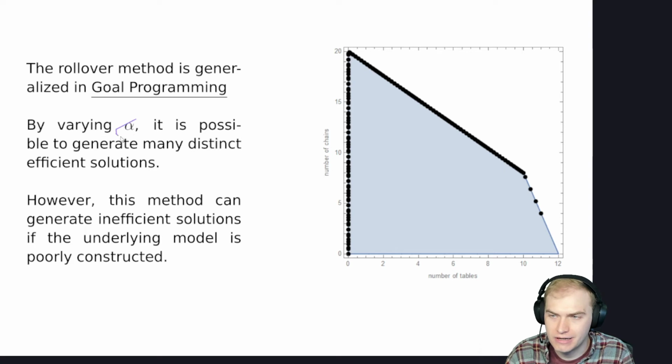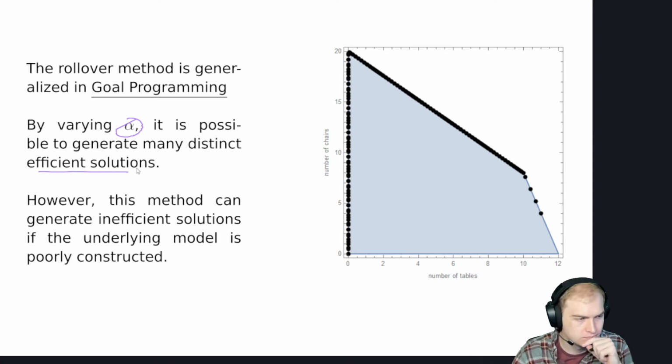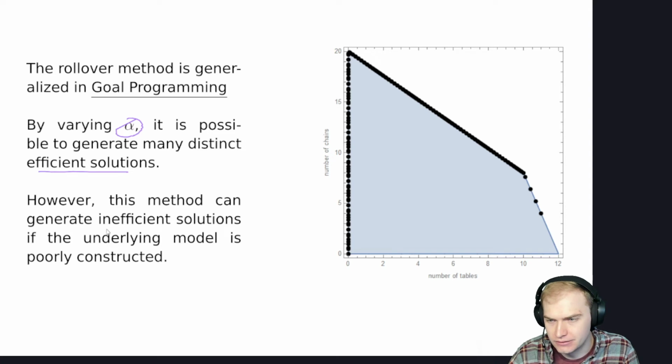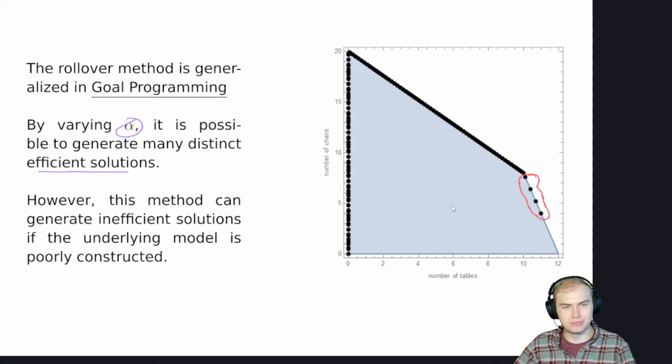So by varying alpha in the rollover method, it's possible to generate many efficient solutions. Unfortunately, not all of these solutions are efficient. So these solutions over here are not actually Pareto efficient.